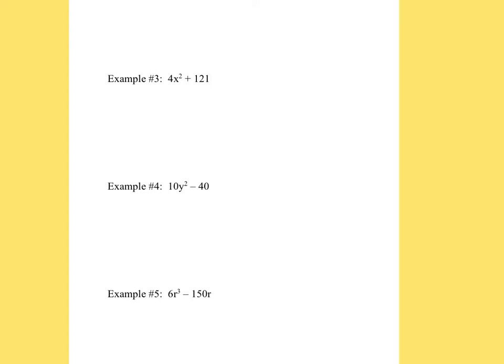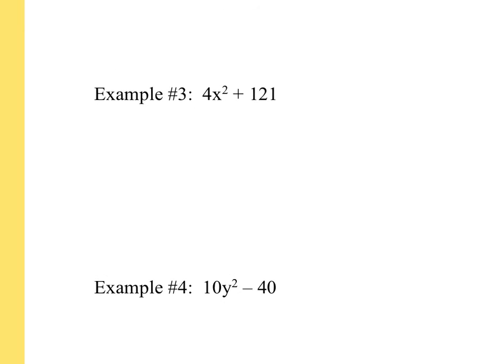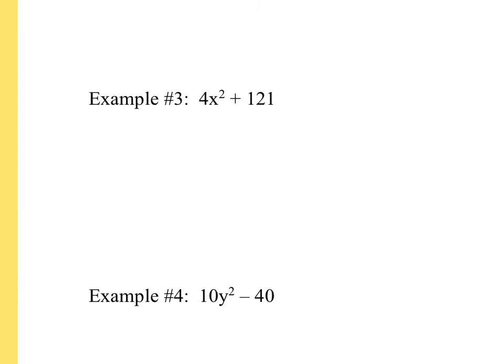I see a lot of us have left number 3 blank. Why'd you do that? Is it because we didn't know it, or is it because maybe it doesn't follow a rule? 4x squared plus 121. Is that a difference of squares pattern?